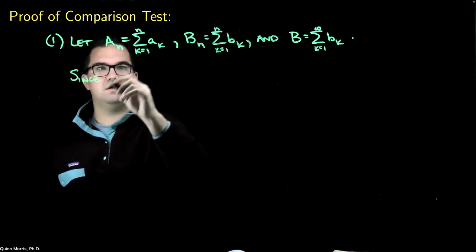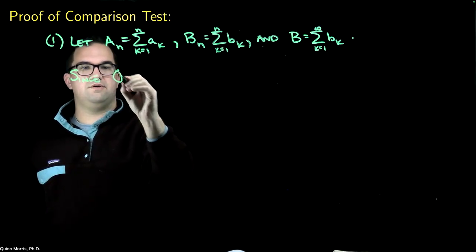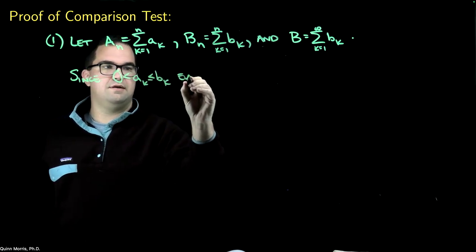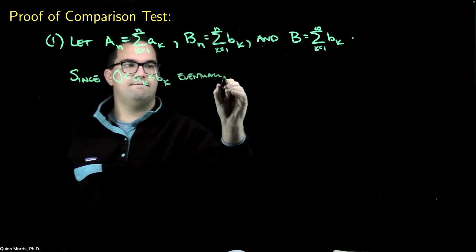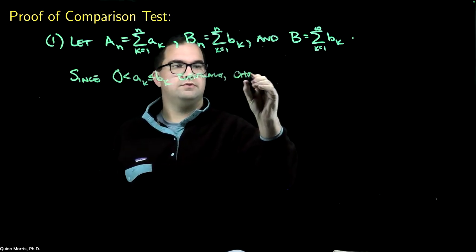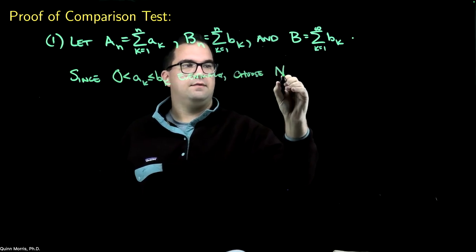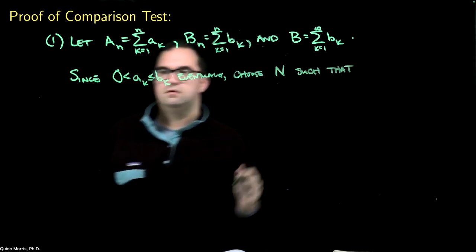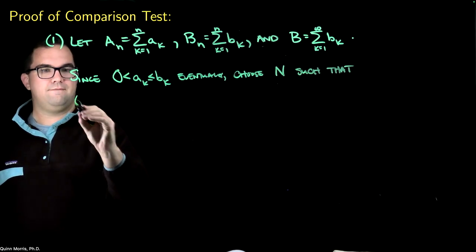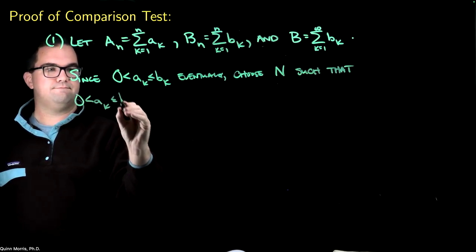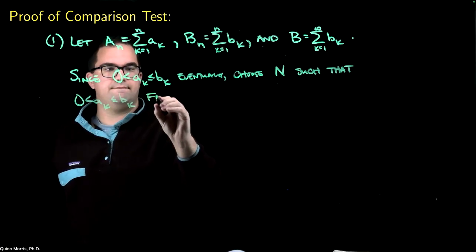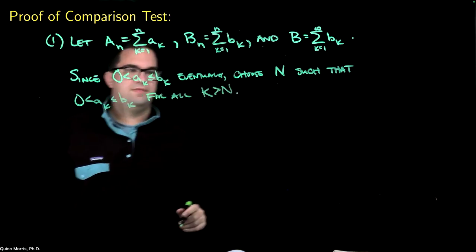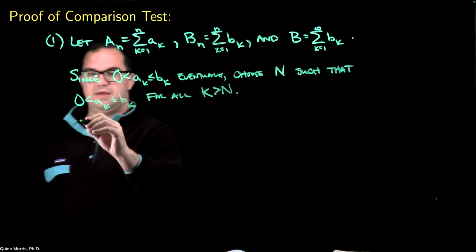Since 0 is less than A_k is less than or equal to B_k eventually, I want to choose a capital N such that this holds for all k greater than that capital N.